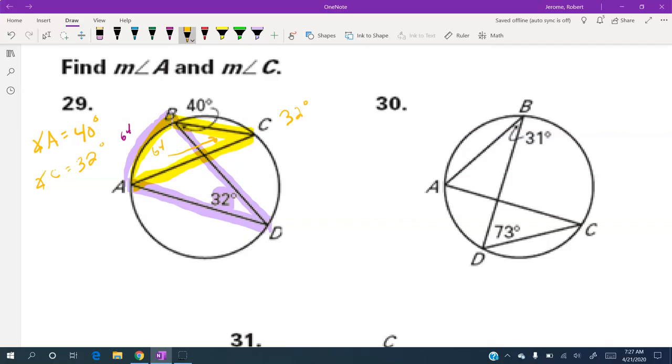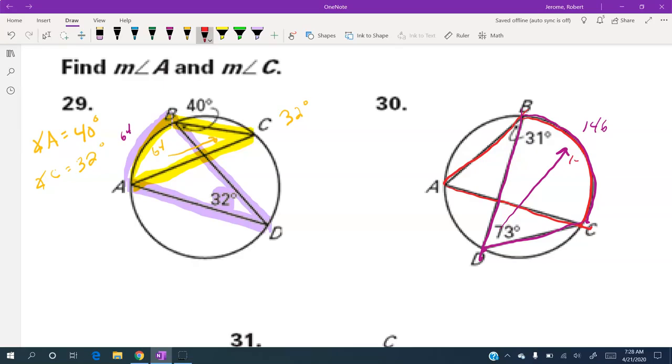Let's see what's going on. Angle A and its arc. Its arc also comes from angle D. So angle D produces the same arc. Notice how I'm tracing them in both colors. So 73 times 2 is 146.